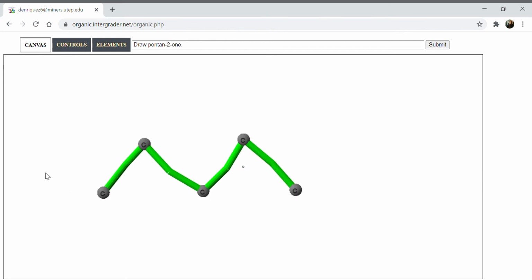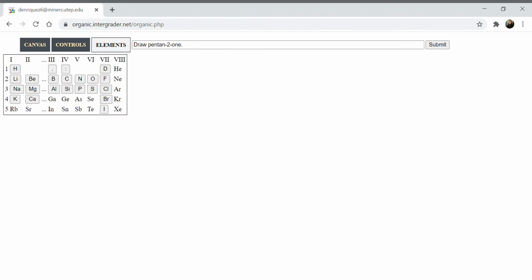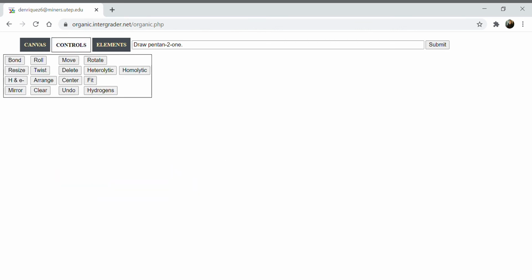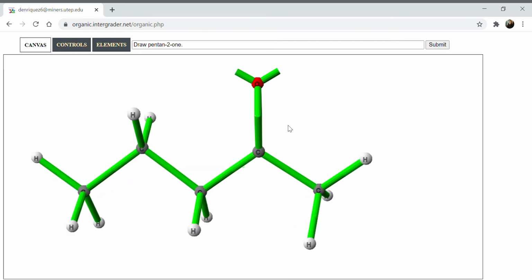Pentan-2-one, so we know this is a ketone, so we can start by drawing our pentane. 1, 2, 3, 4, 5. And then we have the oxygen at the 2 position, which makes it a ketone. Then we can add our hydrogens. We know it's a ketone because it's got the oxygen attached to the carbon that's then attached to 2 carbons on either side.